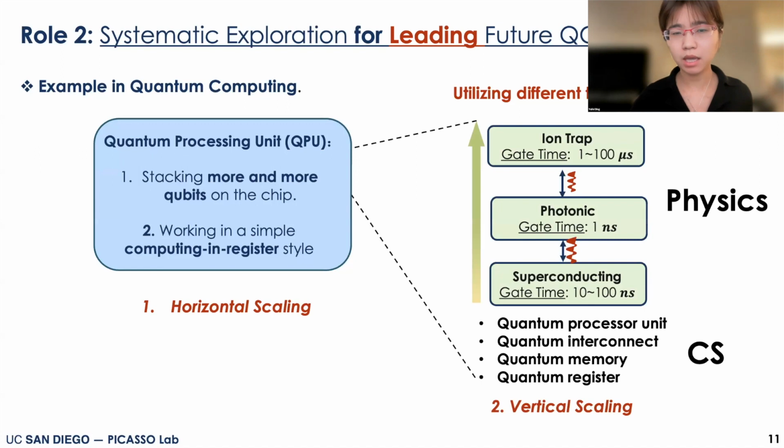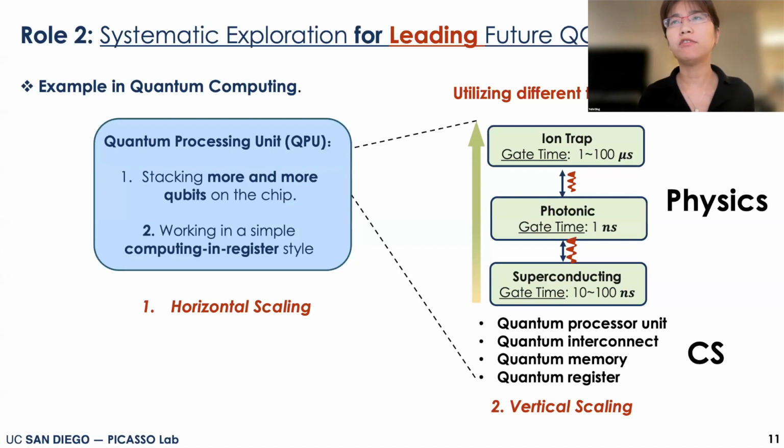So my envision is that it's possible we can borrow this memory hierarchy idea to build hybrid computing. One of the insights, for example, is that superconducting qubits have faster gate time, so they may work as our registers. But on the other side, they also have very low coherence time. In contrast, ion trap and neutral atom qubits have longer coherence time, but their gate time is slower, so maybe they can work as our memory and cache.